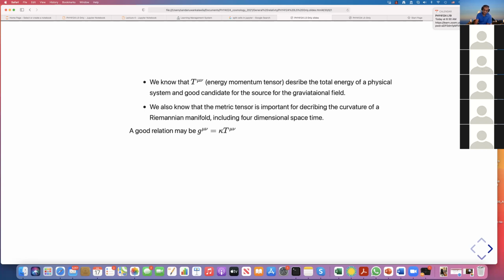But the problem is, from the previous results, we can actually show that grad mu T mu nu equals 0, and also grad mu G mu nu equals 0. So the equation is nicely balanced because both sides become 0.